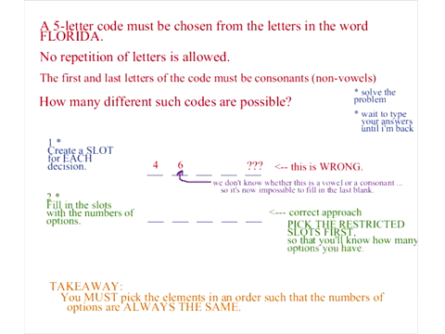So you've got to pick this. This has to be a consonant, and this has to be another consonant. So there are 4 possibilities here, and 3 possibilities here. After you pick those, you just have 5 letters left, and I don't care whether those 5 letters are vowels or consonants. So once I'm in that situation, I can just pick those.